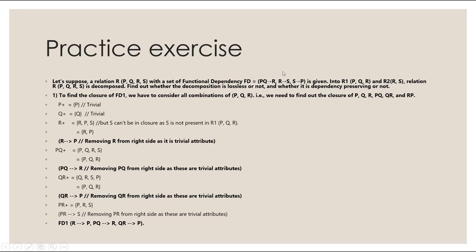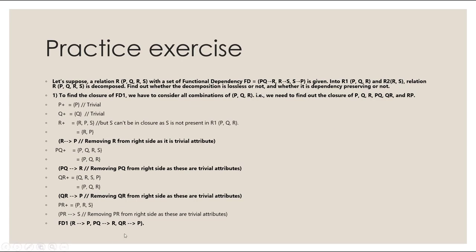What if we combine these two like we did before in the example? We get R determines P. Are we able to find R and P anywhere? Yes, we have R and P in R1. So this one is in fact preserved as well in R1. So all three were preserved. We have not lost any dependencies, so it is in fact dependency preserving.